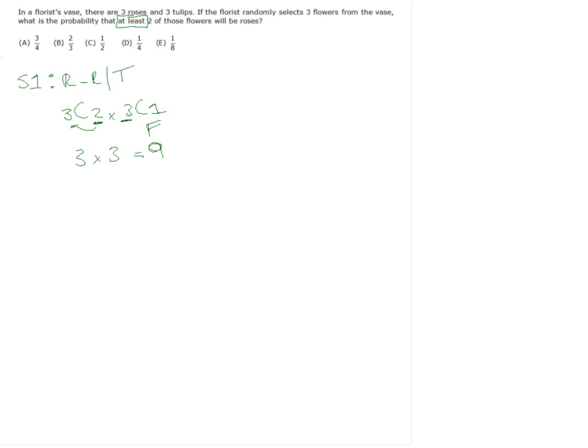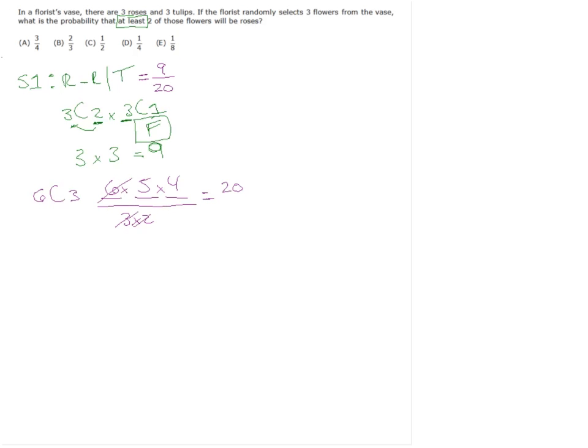I'll put in F for favorable. Total outcomes is going to be the grand total number of flowers, which is 6, and we're choosing 3. So that's 6 times 5 times 4 over 3 factorial, which is 3 times 2. So that gives us 20. So scenario 1 is 9 over 20.